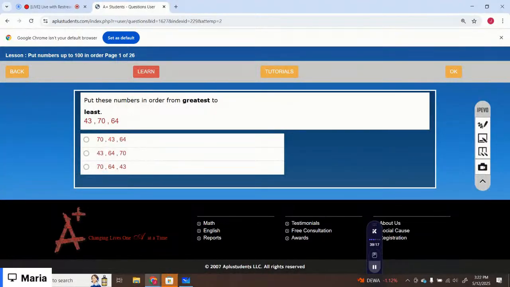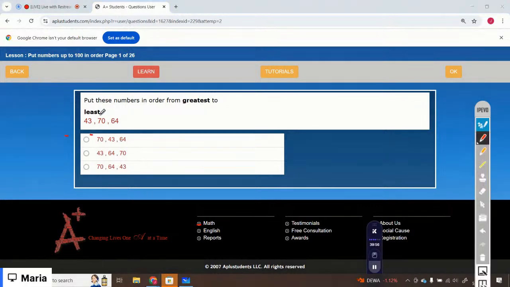Put these numbers in order from greatest to least. So greatest to least, you need to write the greatest one first, right?